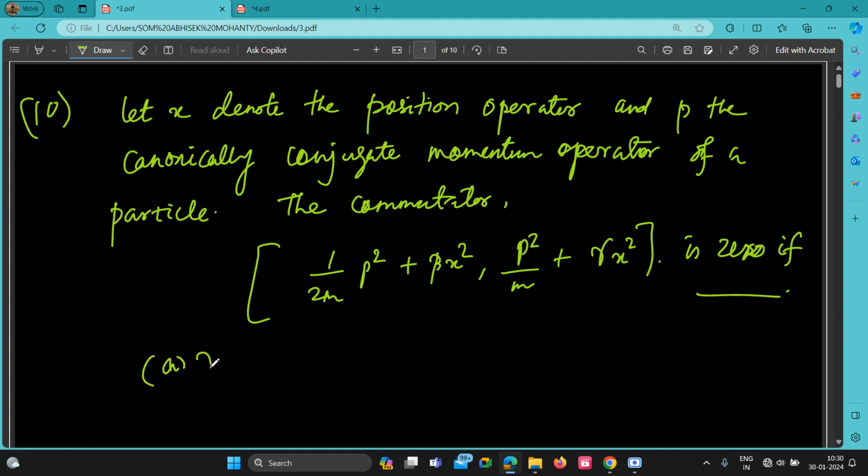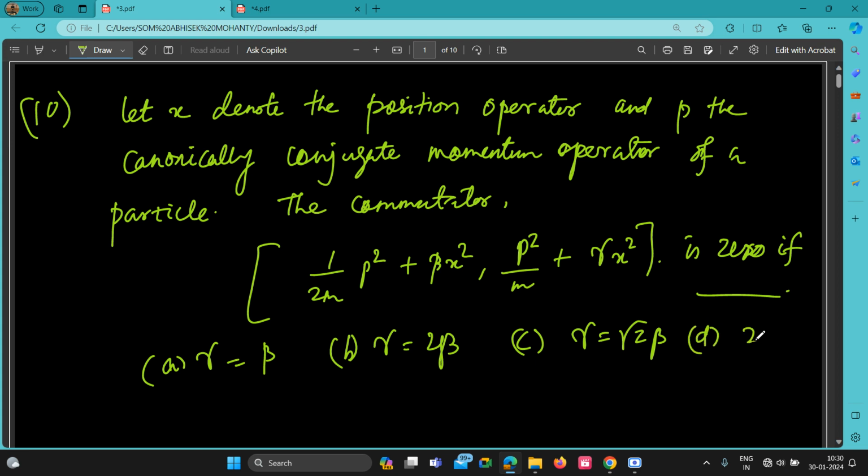Option A, gamma is equal to beta. Option B, gamma is equal to 2 beta. Option C, gamma is equal to root 2 beta. Option D, 2 gamma is equal to beta. Let x be the position operator, p the canonically conjugate momentum operator of a particle. The commutator is 0.